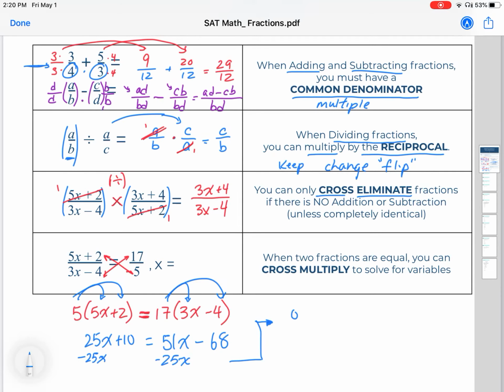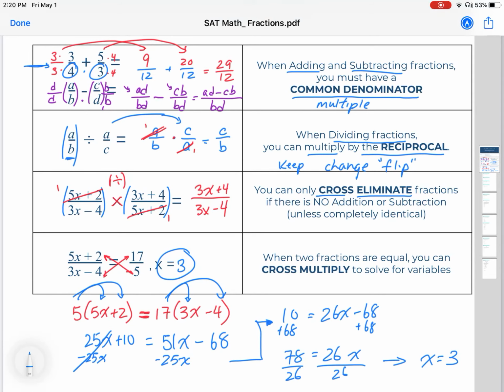So I'll get 10 equals, because I subtracted the 25x's, they canceled out, 26x minus 68. And then I'll add 68 to both sides. That'll give me 78 equals 26x. Divide both sides by 26. And that'll give me x equals 3.